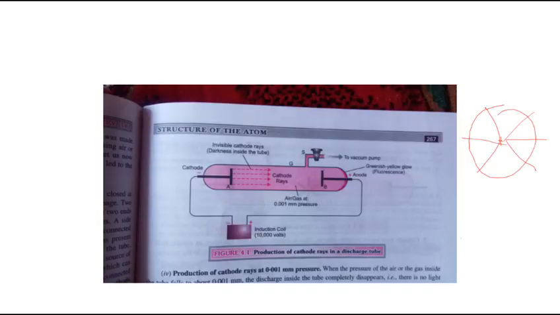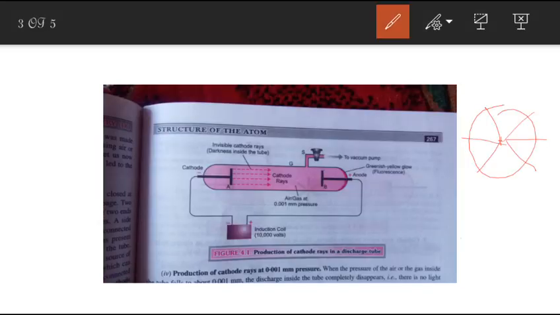First point, the cathode rays are produced from the negative terminal of the battery, that is the cathode, and they were attracted towards the opposite side, towards the anode. And you know that unlike charges attract, so these were negative rays, their charge is negative, that is why they strike the positive terminal of the battery.